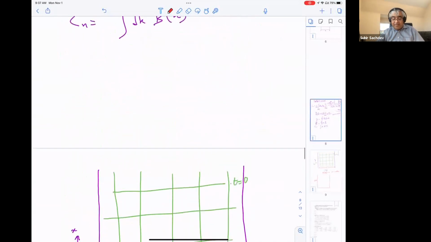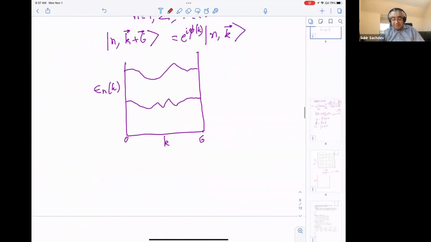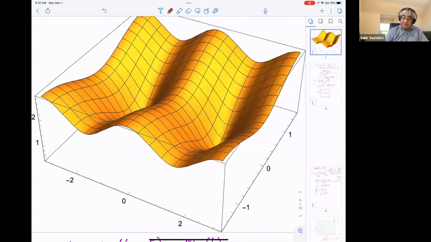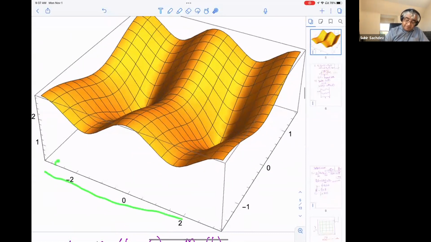I have this band structure, which is a function of kx and ky, but I'm only looking at it as a function of kx. If I pick a value of kx, I'll see a whole bunch of eigenvalues as I go along this direction.